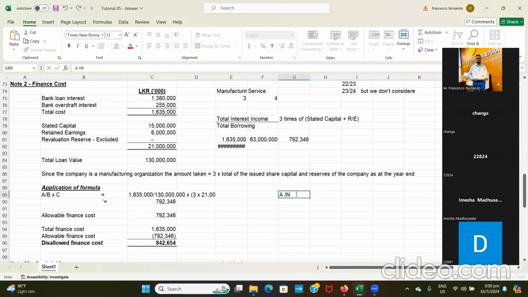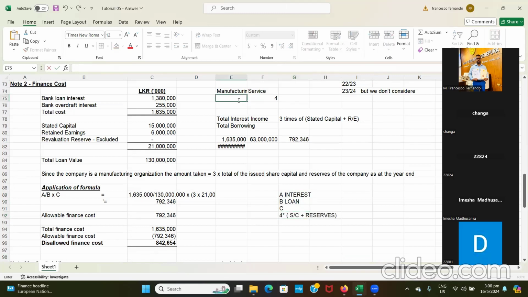B means total value of loans, and C means 4 multiplied by stated capital plus reserve.